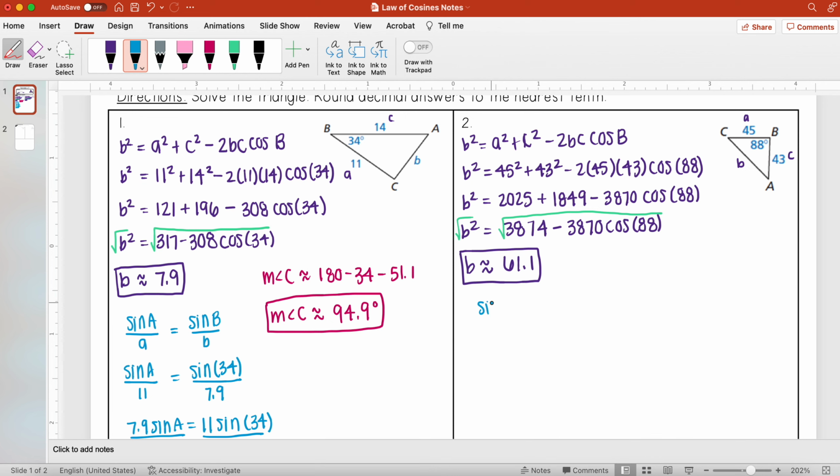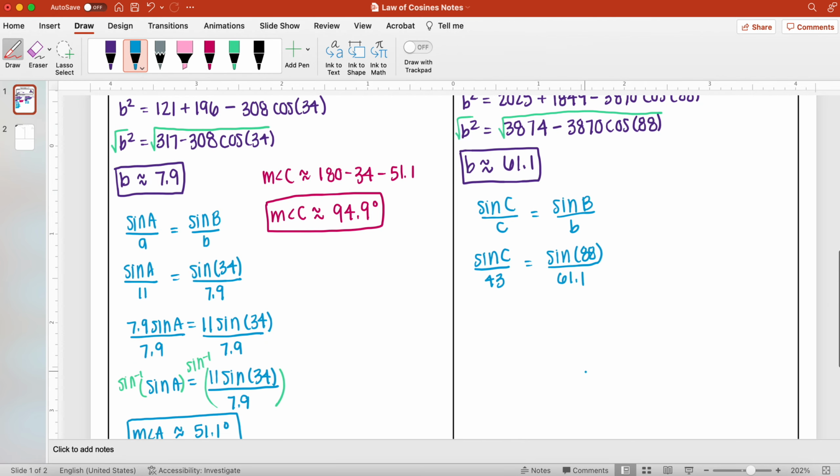So I have sine of C over C is equal to sine of B over B. So I have sine of C over C, which is 43, is equal to sine of B, which is 88, over B, which we just found to be 61.1.